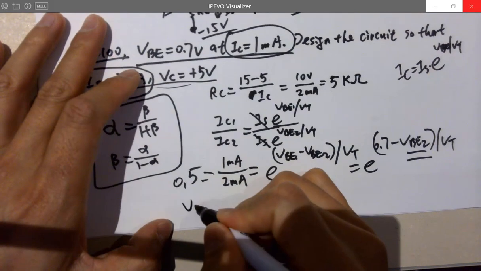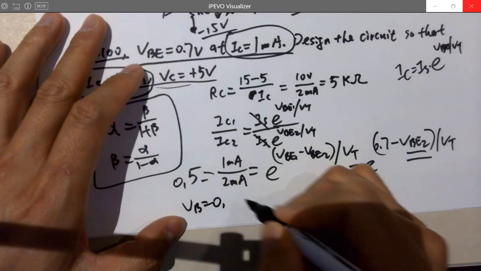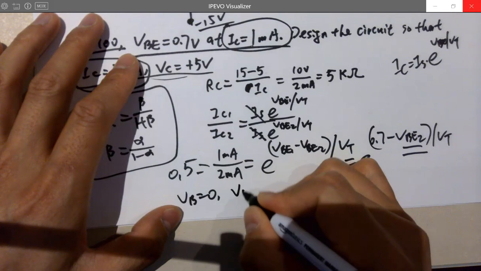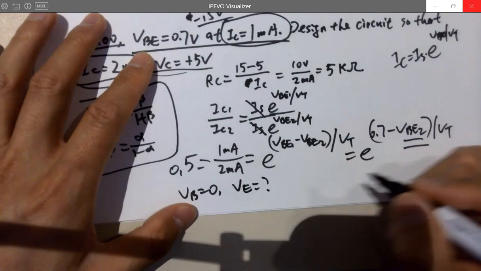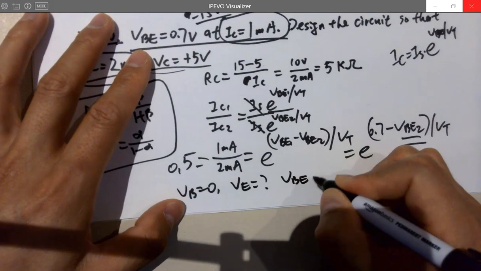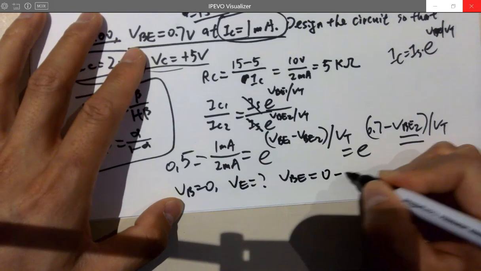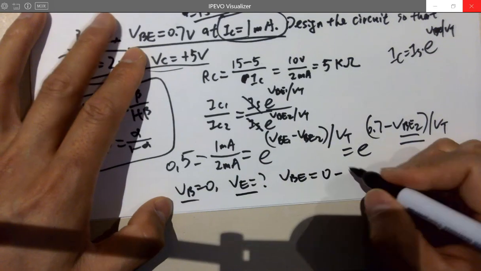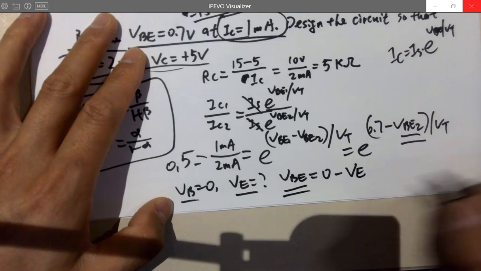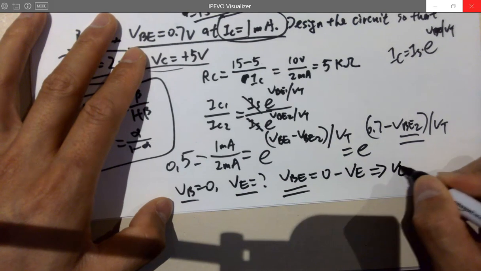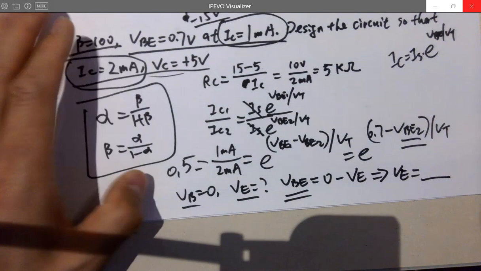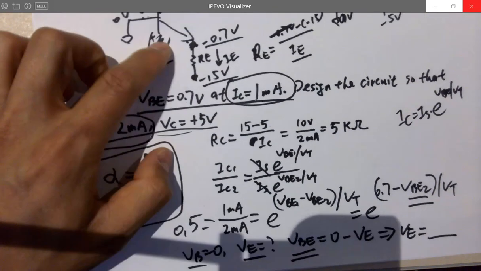So VB is 0, right? VE, we don't know. And VBE is calculated here already. You can calculate it: VBE equals VB minus VE, which is 0 minus VE. This is already calculated, so you can find out VE. So VE can be calculated. So you got the voltage here.